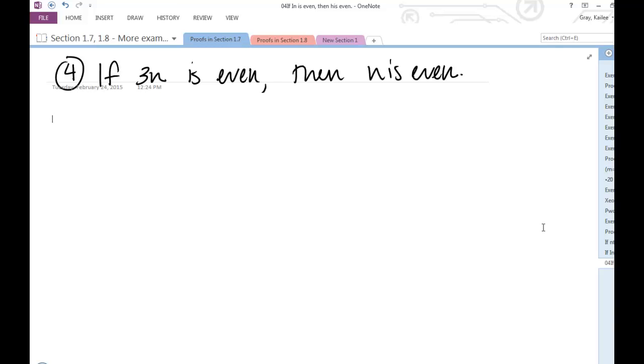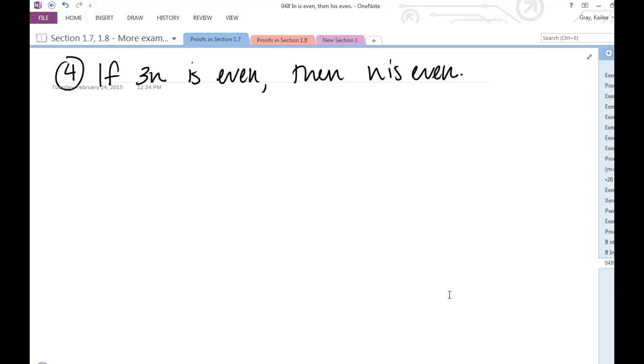So that's exciting, but for now, we're just stuck with using the definition of even and odd integers and our basic properties of real numbers and integers involving multiplication, addition, subtraction, and those types of things. So we're a little bit more restricted at this point.